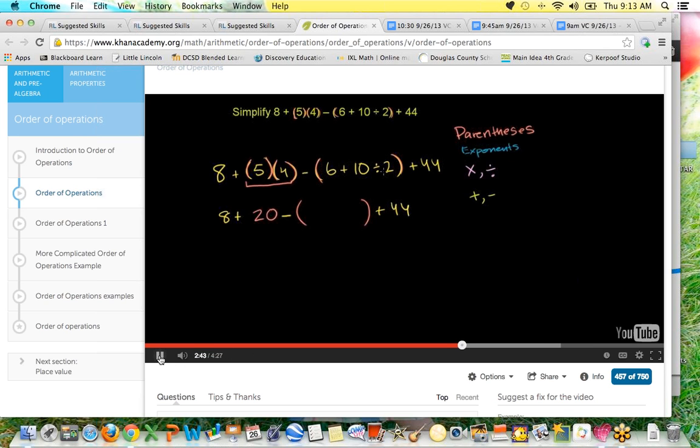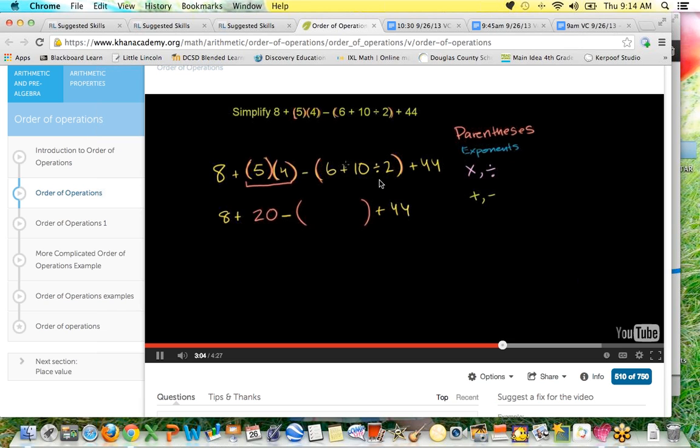Okay. So what does this thing inside the parentheses evaluate to? Well, you might be tempted to say, let me just go left to right: 6 plus 10 is 16, and then divide by 2, and you would get 8. But remember, order of operations. You have to do division first. It takes priority over addition. So you actually want to do the division first.